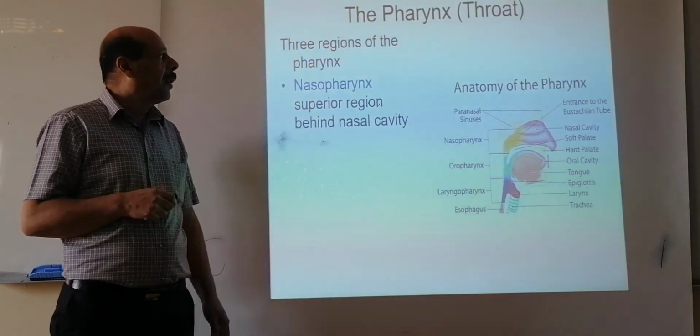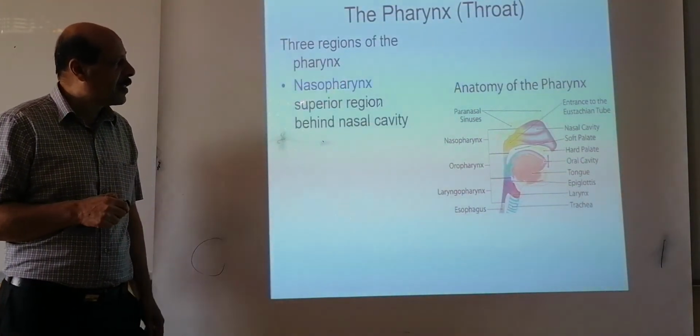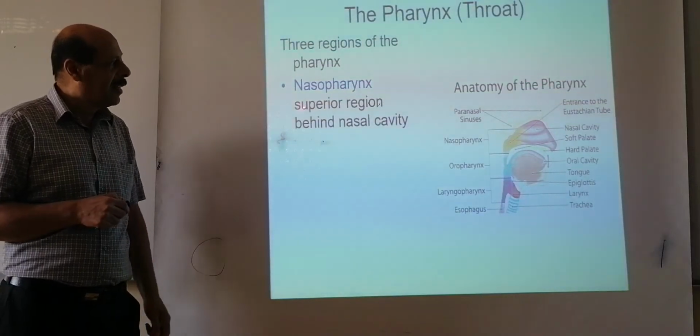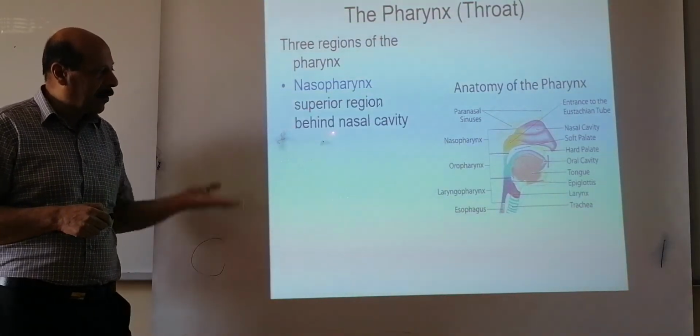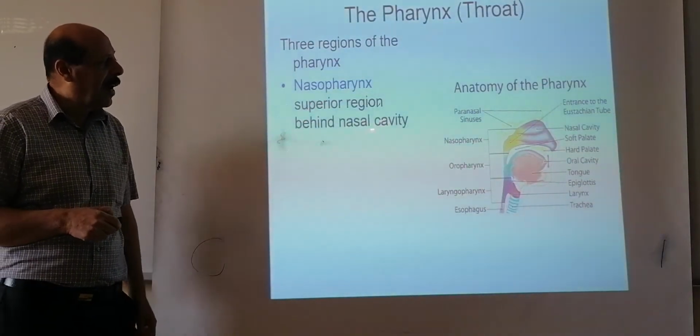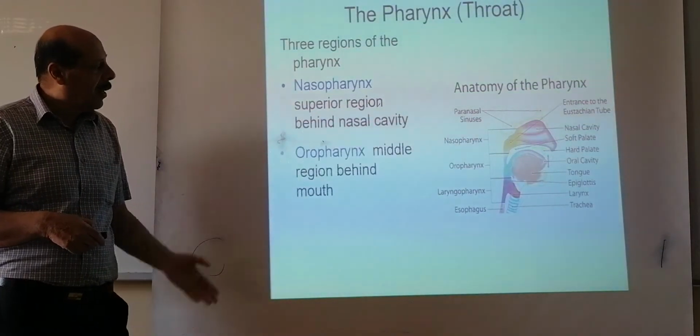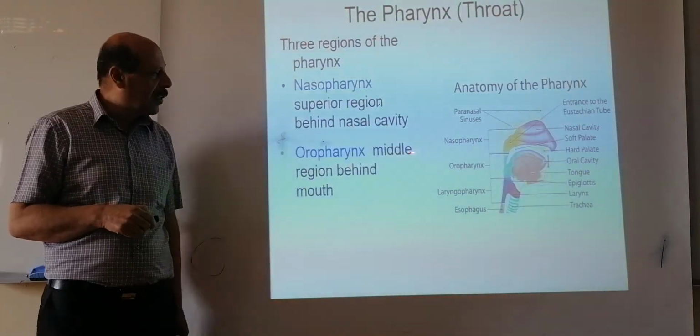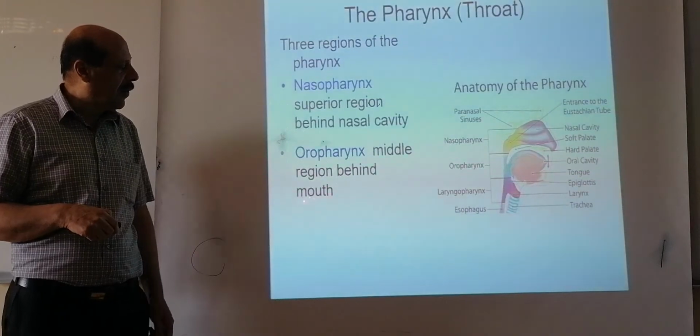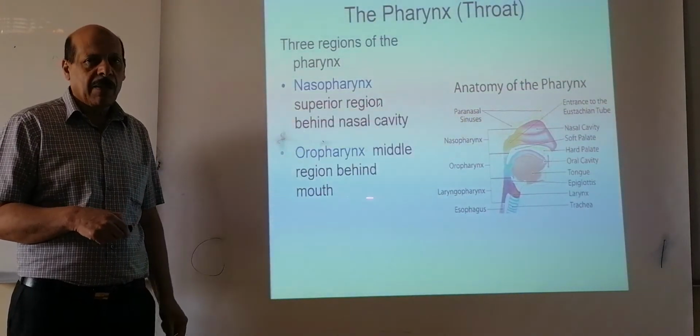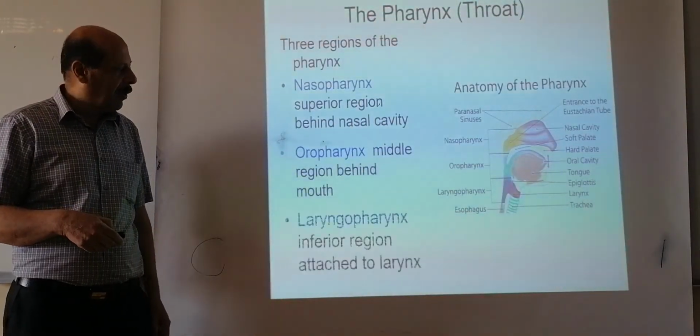So the three regions of the pharynx, as we said: we have the nasopharynx, which is the upper or superior region behind the nasal cavity. Then we have the oropharynx, which is the middle region of the pharynx, behind the mouth, at the level of the mouth.